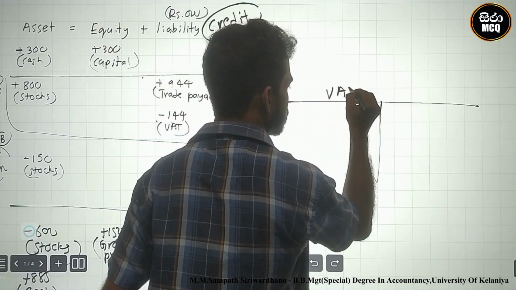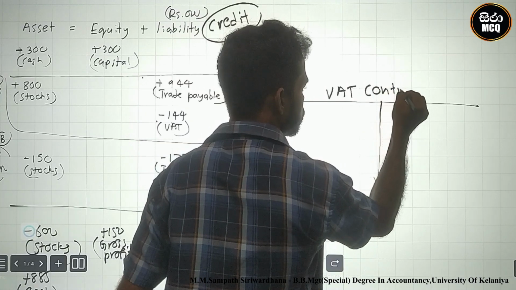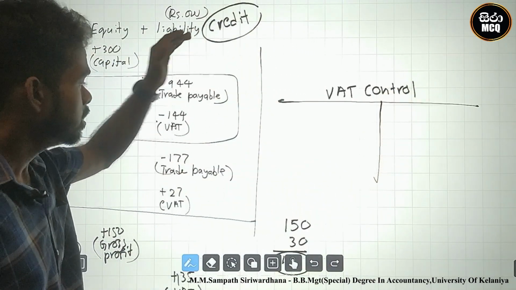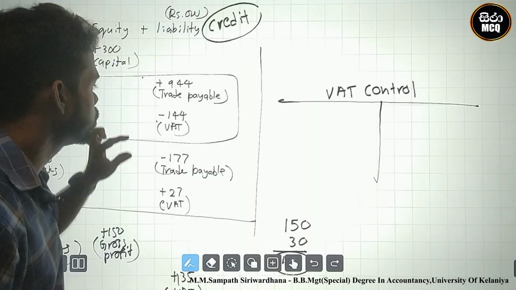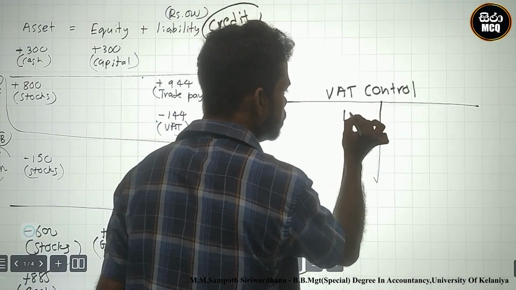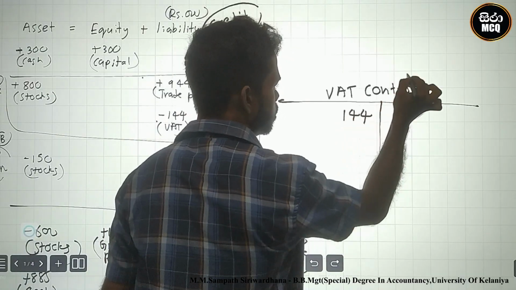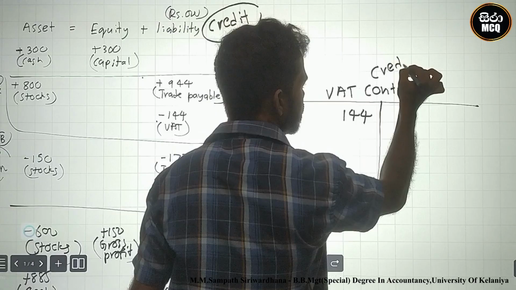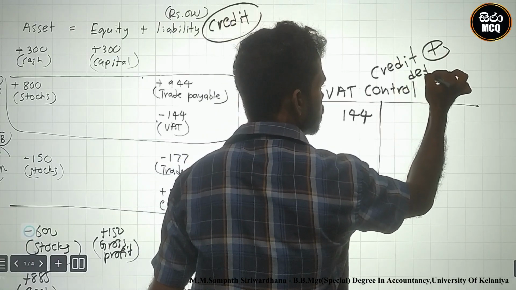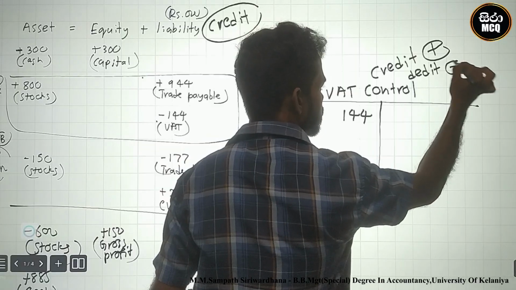The VAT control account is a credit balance. At the minus short, it should be debited to the VAT control account. Why? The VAT control account is a credit balance. Credit shorts must be plus, debit shorts must be minus.